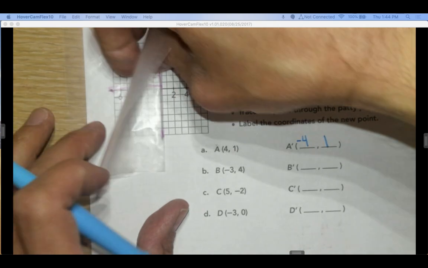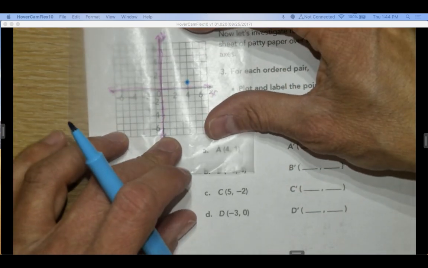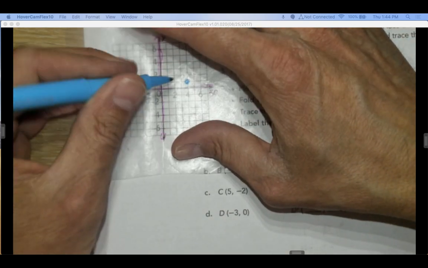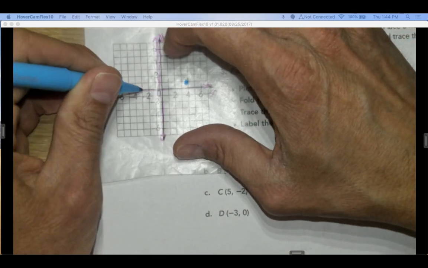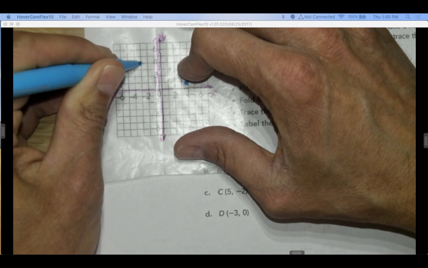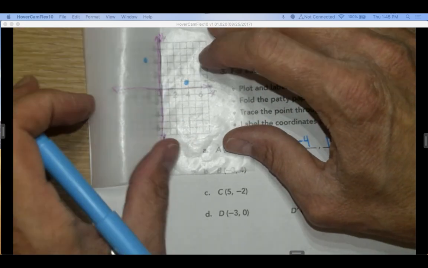All right. Second one. I'm going for B, and B is -3 and 4. So I go to -3, and then I go to 4 right there. Then I'm going to fold it over the y-axis.